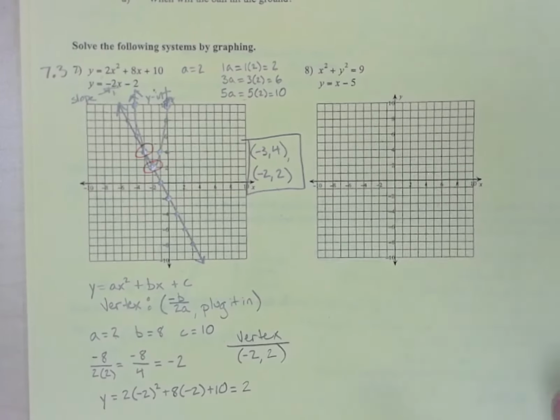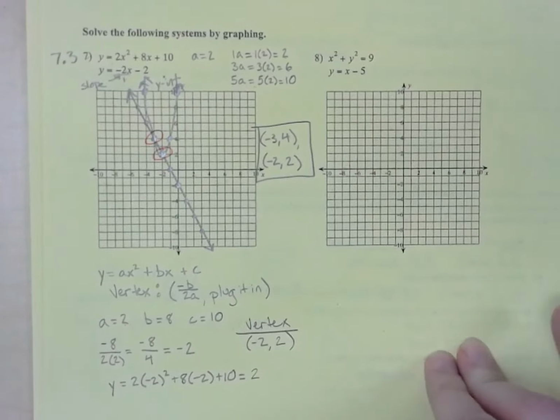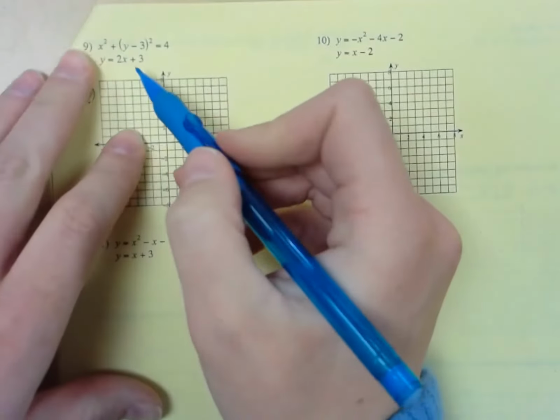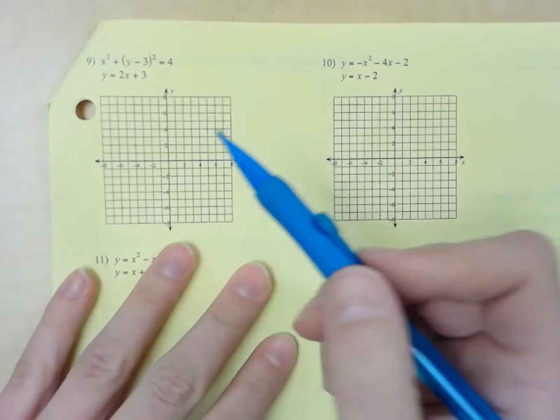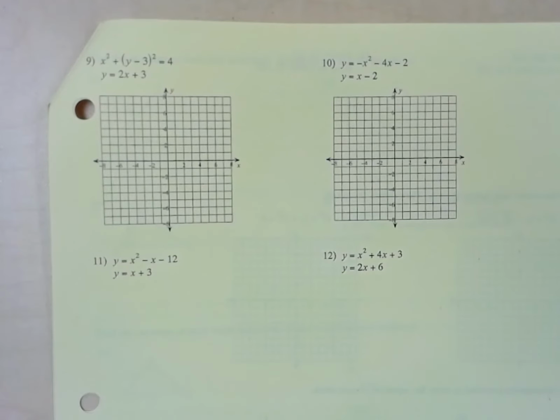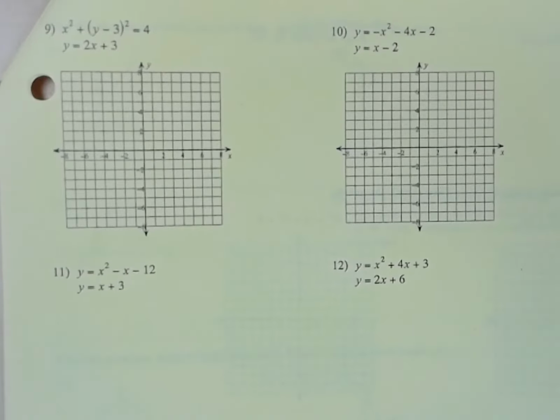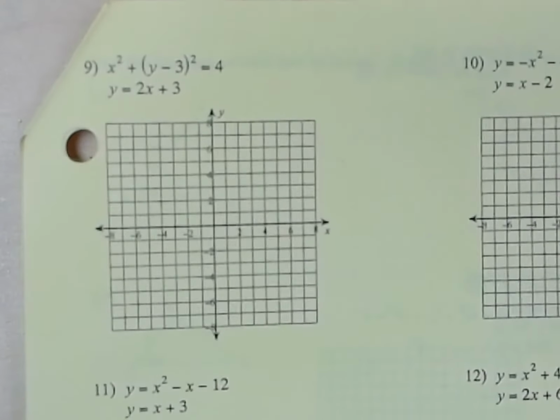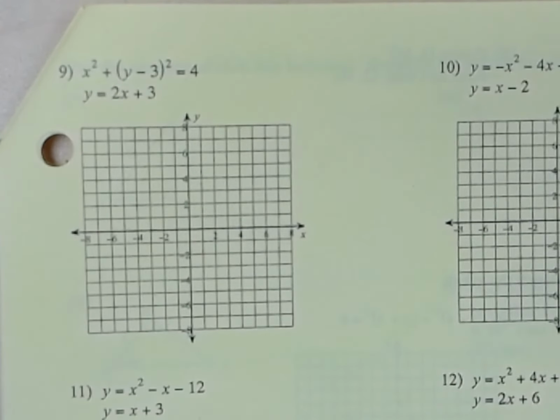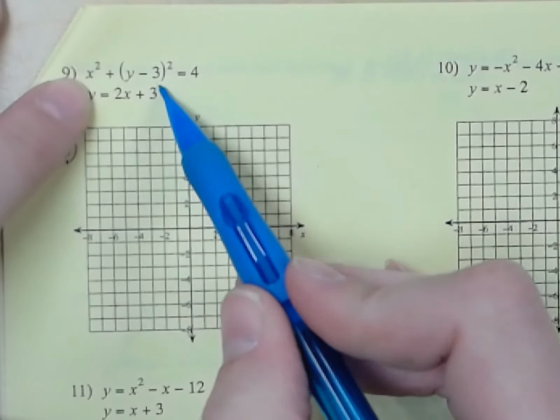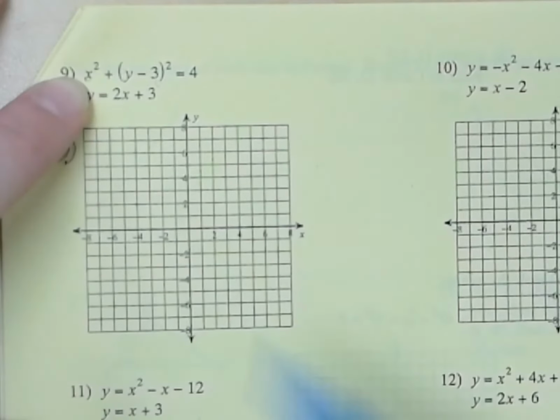In the same vein, let's just go tackle number 9. What's different here, I'm going to zoom in a little bit for us. Okay, what's different is that this is not a parabola. This is a circle. And you're going to get more circle stuff in the questions below.